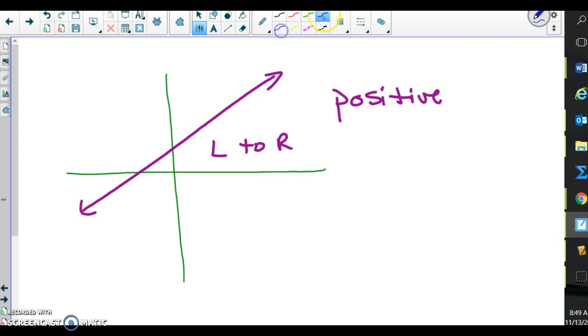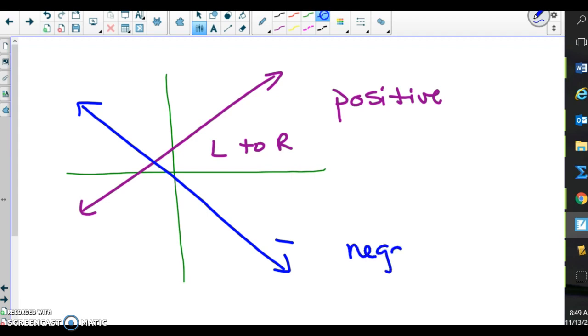The other one we need to consider, from left to right, if we are decreasing or going down, we know that to be a negative slope. Things to keep in mind. If we're calculating a slope and we get positive when it should be negative, or negative when it should be positive, then chances are we need to look back at our math and recalculate.